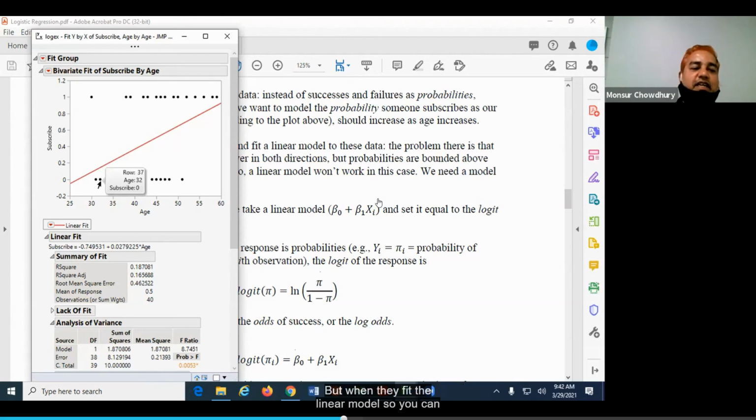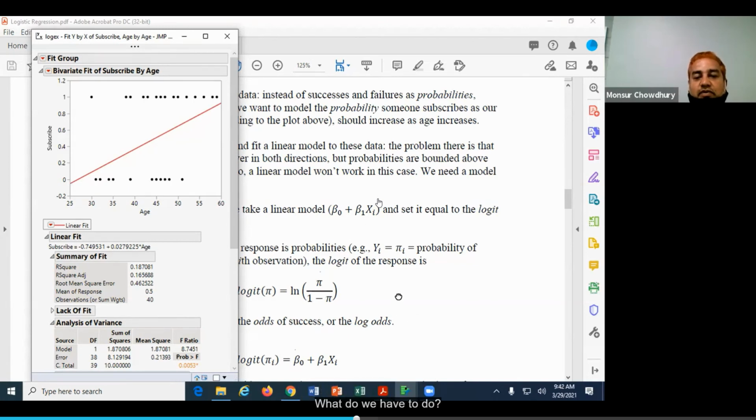But when we fit the linear model, we can see that it goes below zero here. Since our response variable is restricted to the values 0 and 1, we cannot go beyond this. This violates our restrictions. So that's why we cannot straightforwardly fit a linear model and predict the response variable.